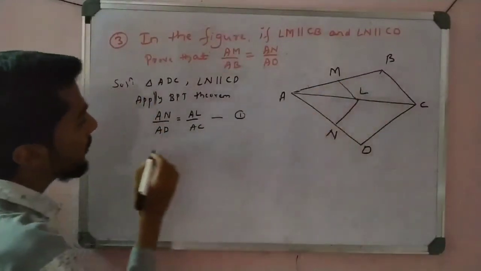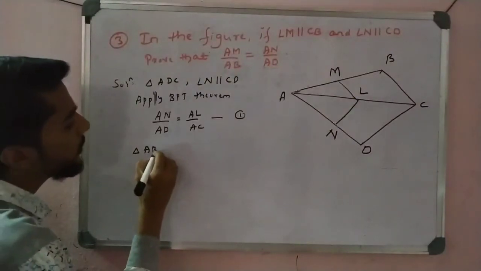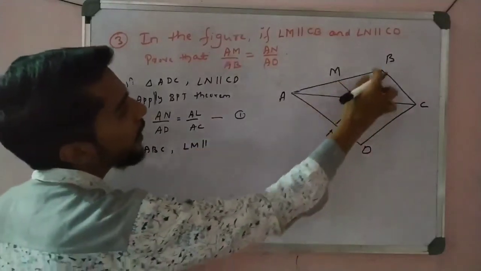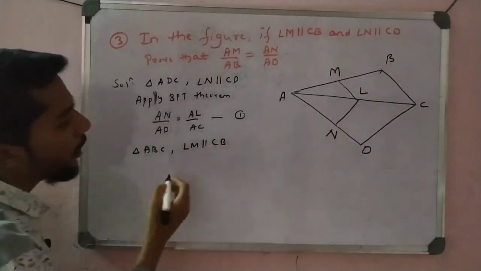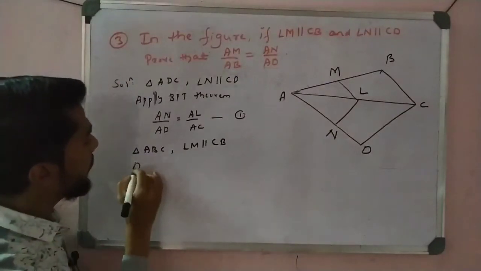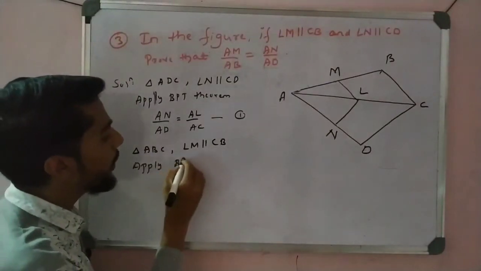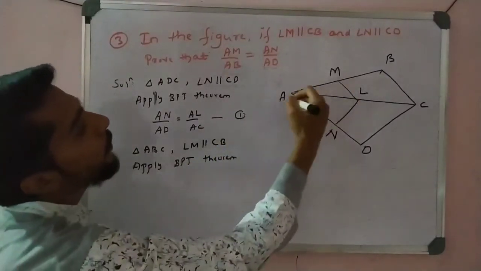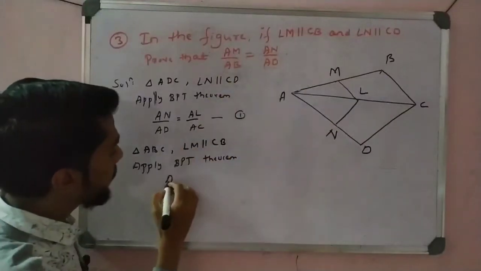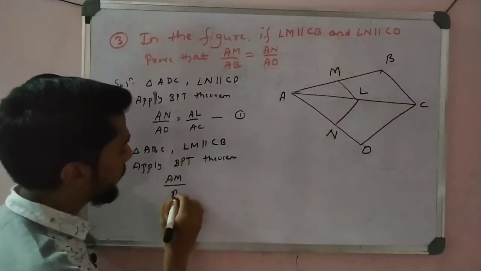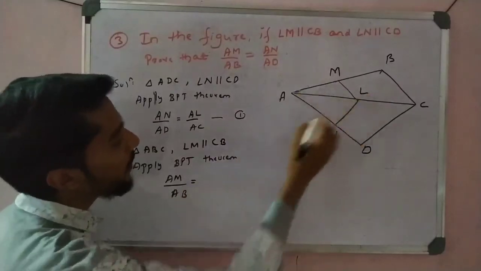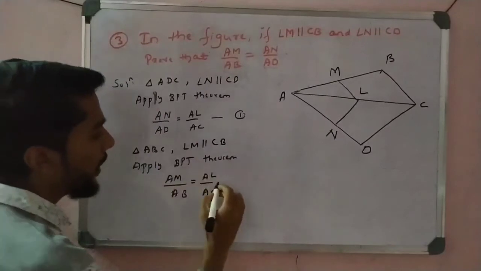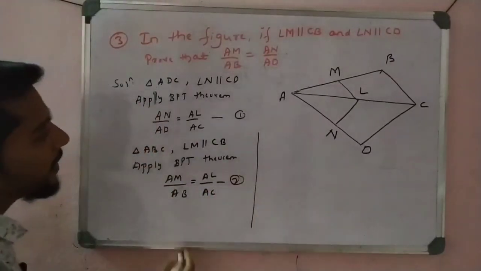Now take triangle ABC, in which LM is parallel to CB. Apply the same BPT theorem. We get AM by AB is equal to AL by AC, equation 2. Now compare 1 and 2.